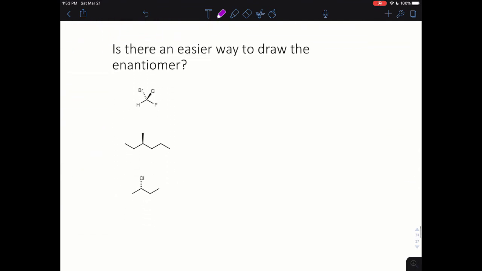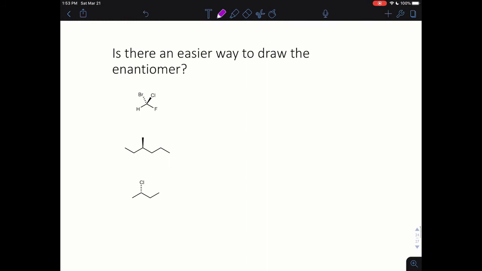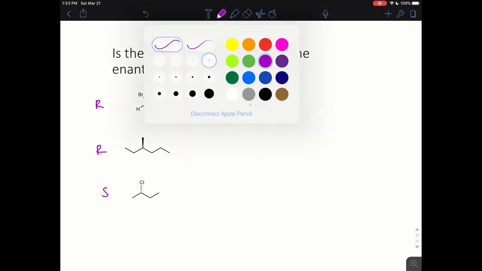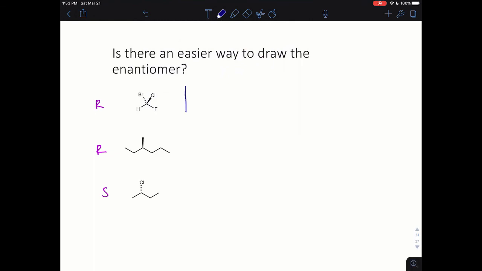Awesome. So now for these molecules, we could draw their enantiomers, right? This is the R, this is the R, this is the S. For each of them, we could draw their enantiomer. And in the previous video, we were doing that by imagining a mirror, and then we were drawing their mirror image.